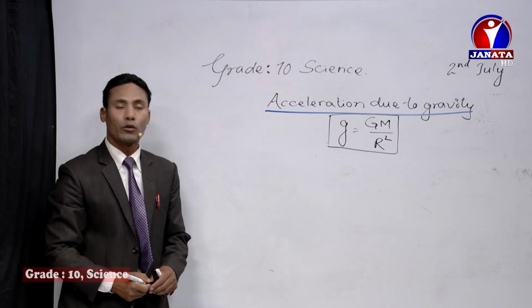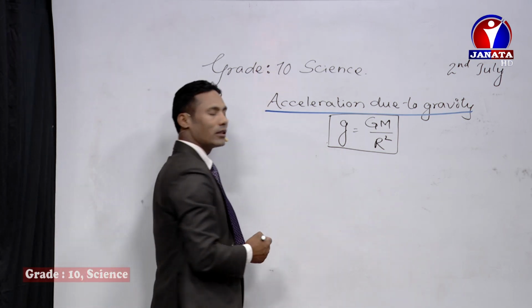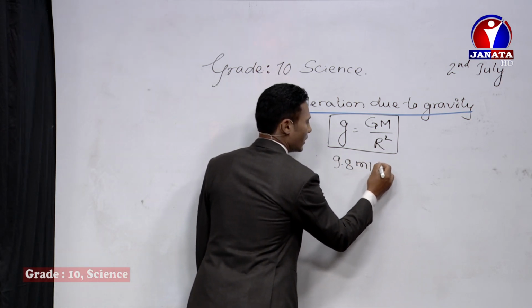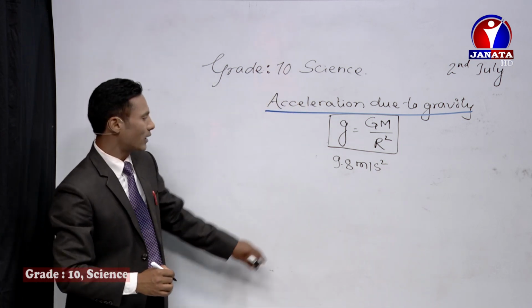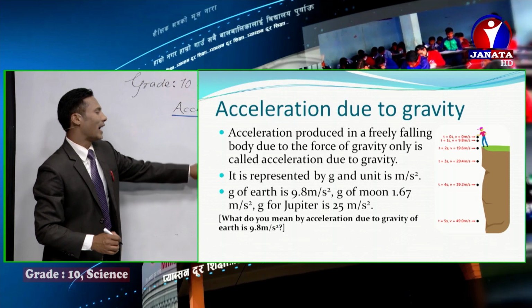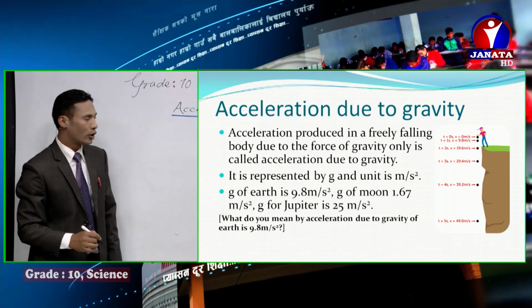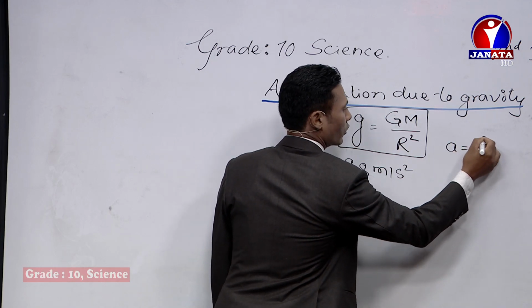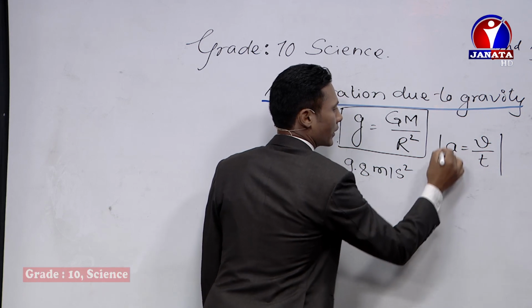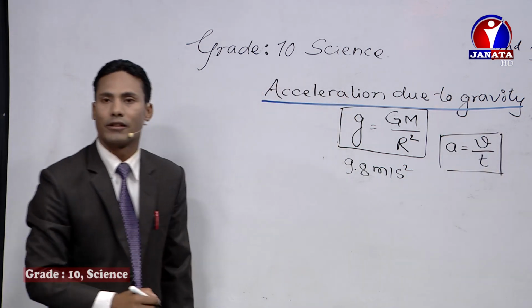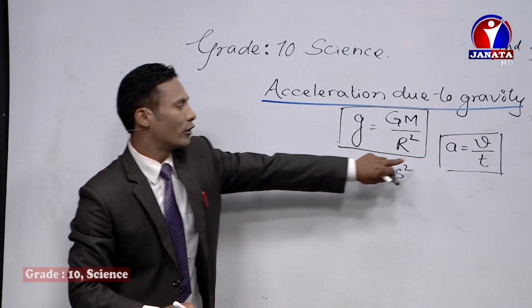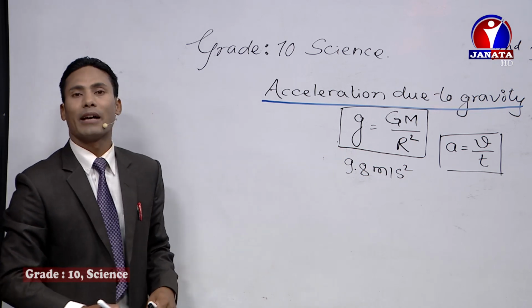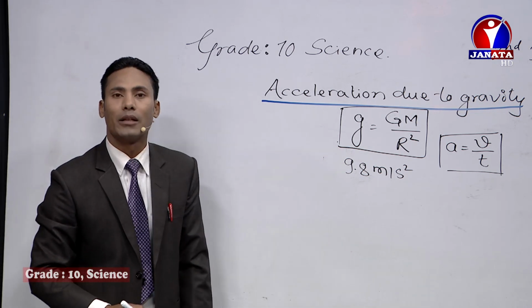Now one question. What do you mean by the acceleration due to gravity of Earth is 9.8 meter per second square?